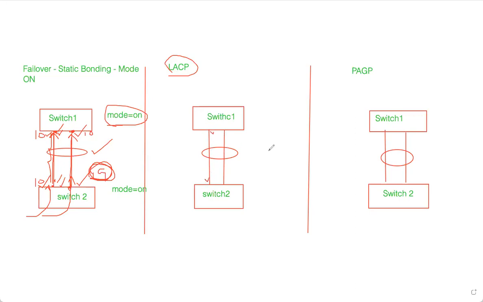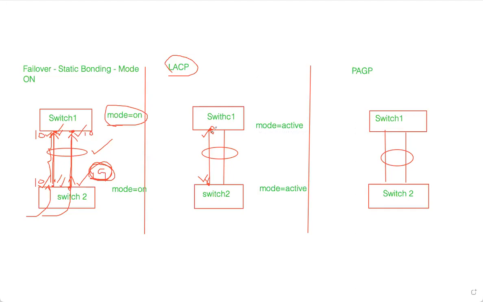For example, when you do mode is equal to active, that means that you are doing LACP. So what does this mean? Both the links will negotiate on both sides.